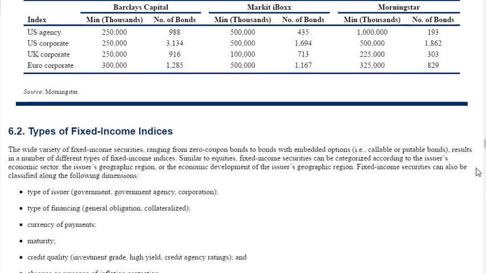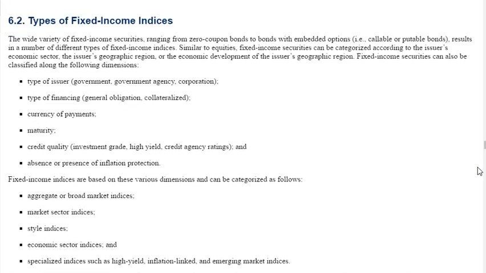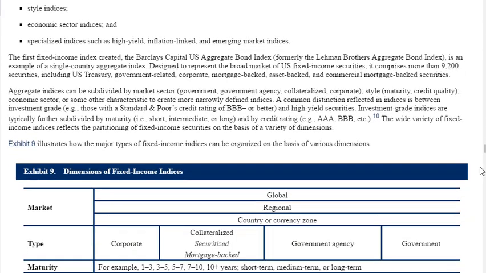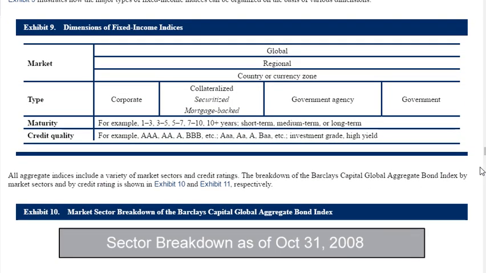Okay. Scrolling down again in terms of types of fixed income indices, you can see that was from my slide basically, but a very nice graphic here, and this is what I want to end on in terms of my screenshot. We can see here dimensions of fixed income indices. So we start at the bottom in terms of the market, global, regional, down to country or currency zone.